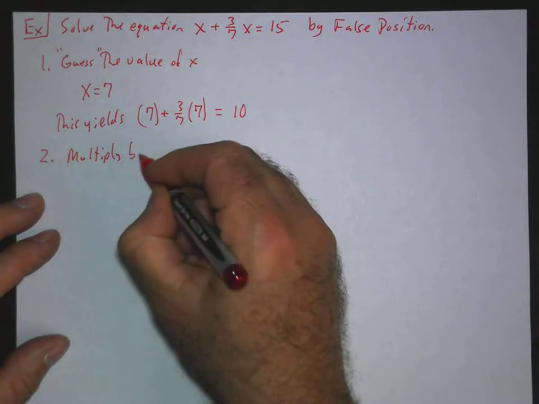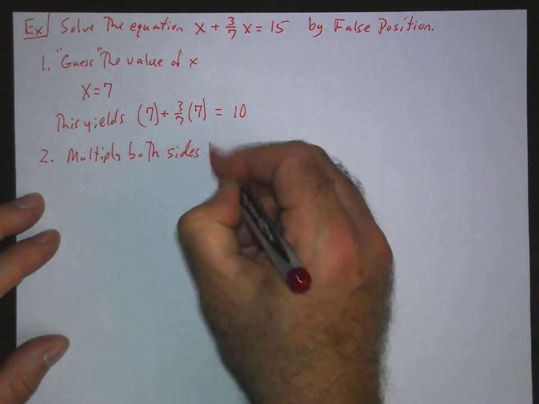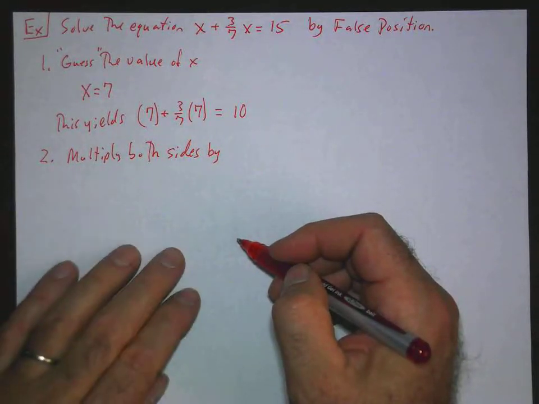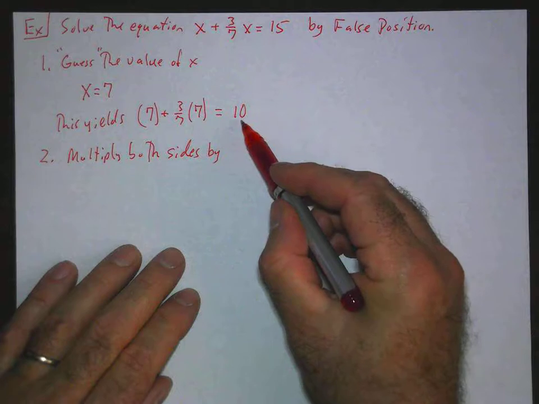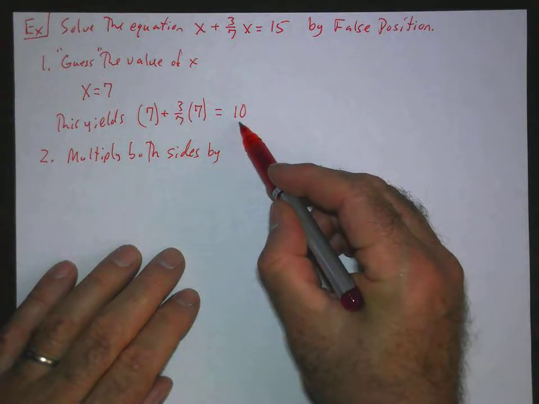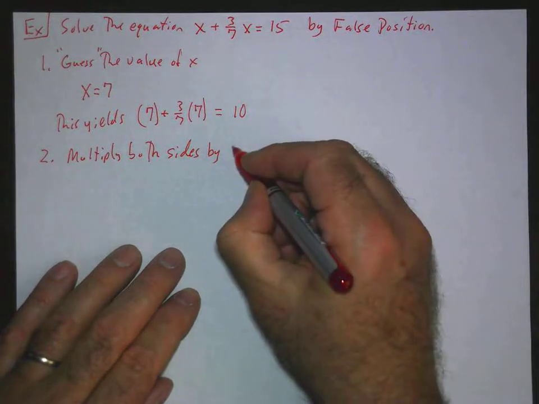Multiply both sides. Well, let's say, what do we have to multiply 10 by to get 15? Well, we divide by 10. That'll give us 1, and then multiply by 15, that'll give us 15.